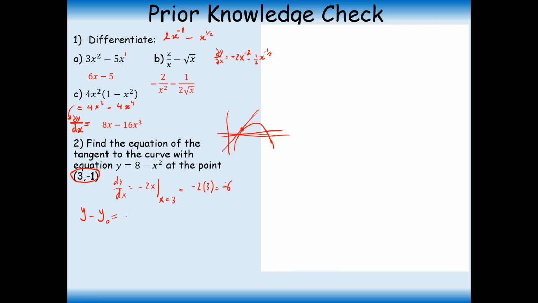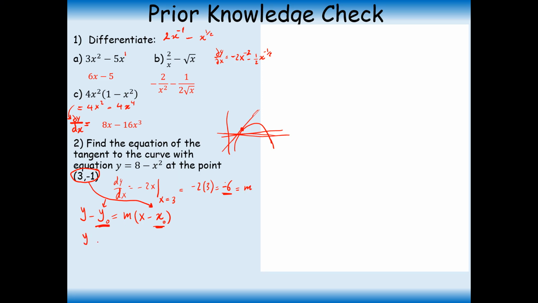You should be familiar with this equation. To figure out the equation of a straight line, we usually use this expression where we can replace y naught and x naught with the values we are given here. So these two come from there, and the minus 6 is our gradient, which we label m.